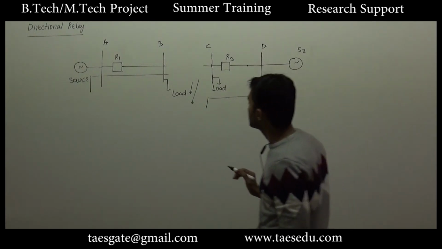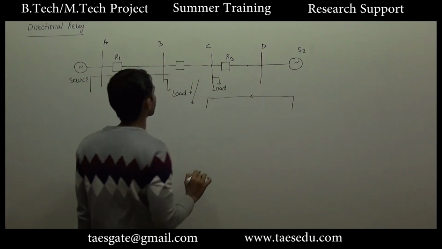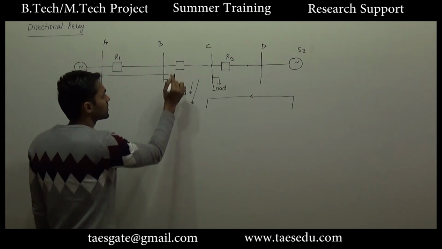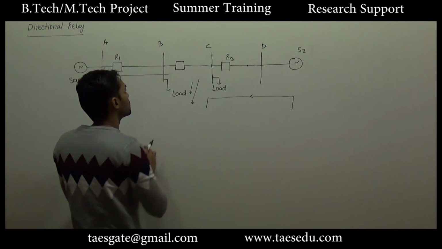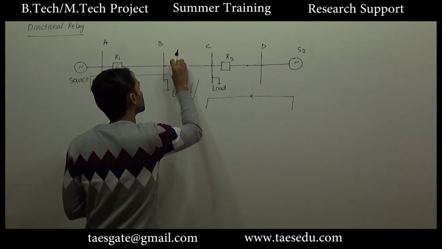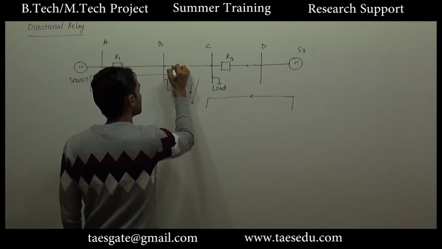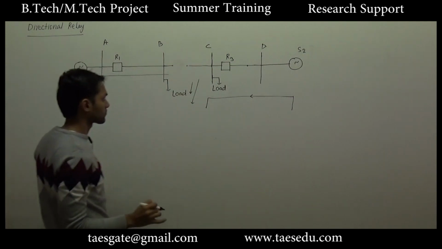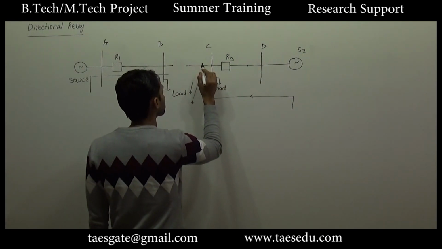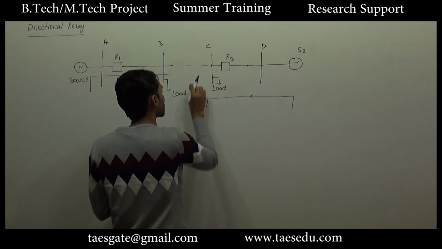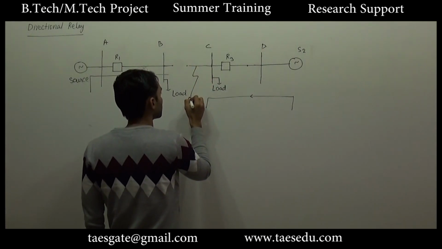But what will happen here? For this direction of current, let's say this will provide the primary protection, okay, so this part of circuit will be removed. For this direction of fault current, we have fault at this point.